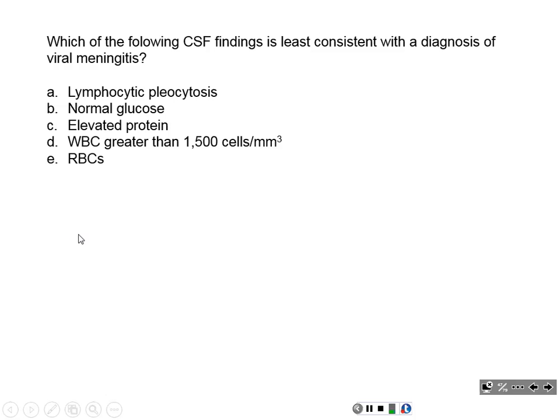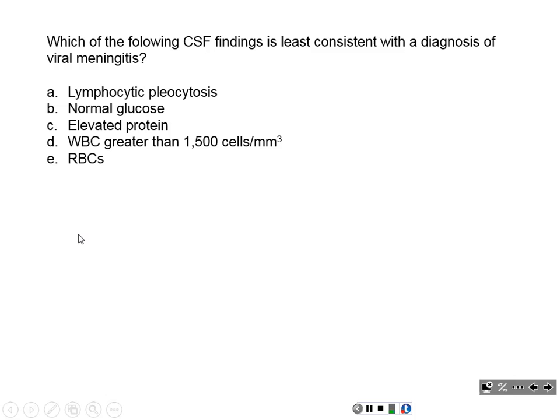Which of these CSF findings is not consistent with viral meningitis? Exactly. So when we do have pleocytosis in viral meningitis, viral encephalitis, we're going to be talking about lymphocytes.